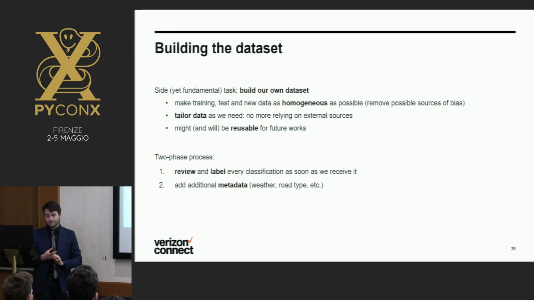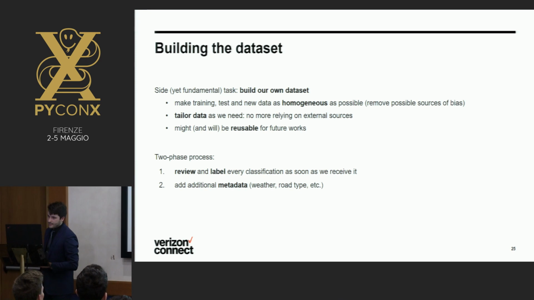Because, for example, using a dataset to train the model and then another one to use it in real life might introduce sources of bias. Then we would be able to tailor data as we need in order to not rely on external sources and to choose the labels we want. And last but not least, this dataset might and will be reusable and reused for future works.